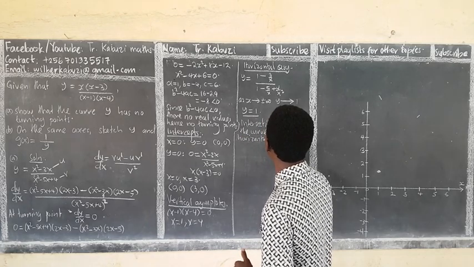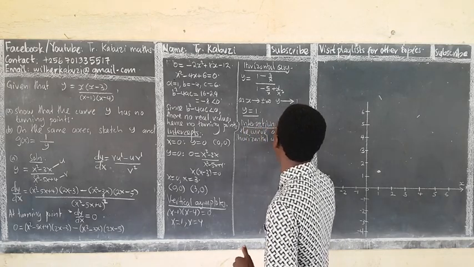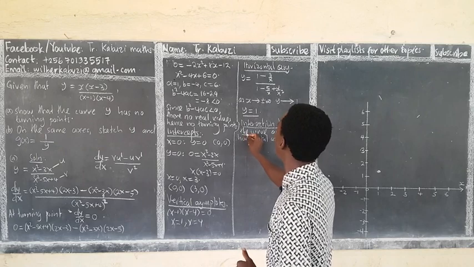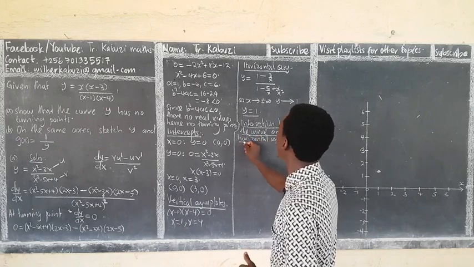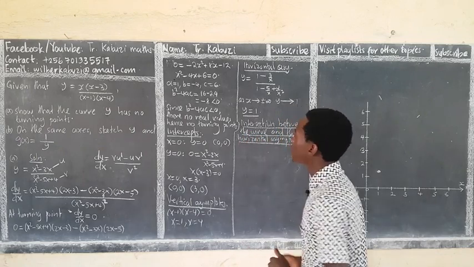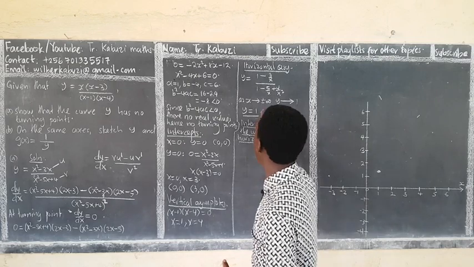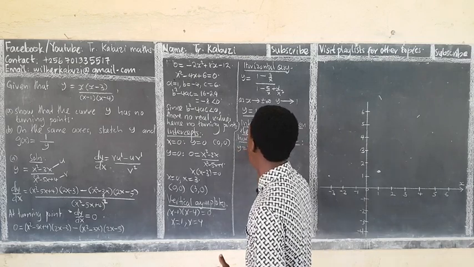This happens always if the curve has no region of restriction or has no turning points. So to check for the intersection, our horizontal asymptote is y is equal to 1.